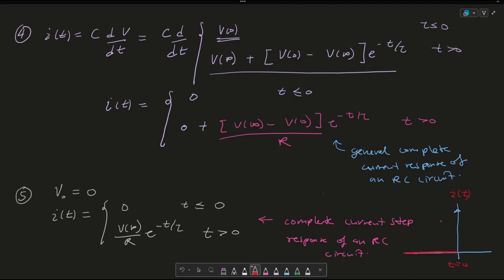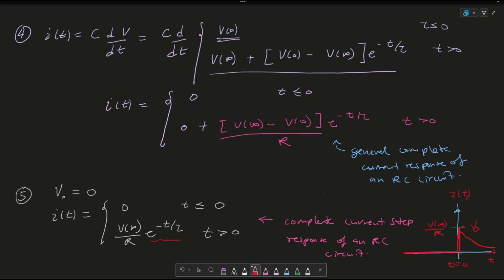There's no current flowing through it, right? It's an open. And then it shoots up, right? Because when e to the 0, this becomes 1. So it shoots up to V of infinity over R. And then it slowly decays back down to 0. All right. And this here is a behavior of a step response.